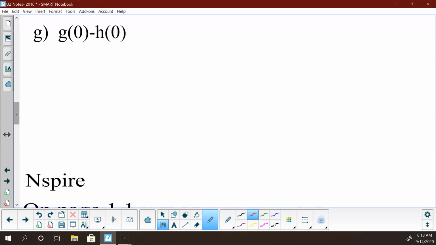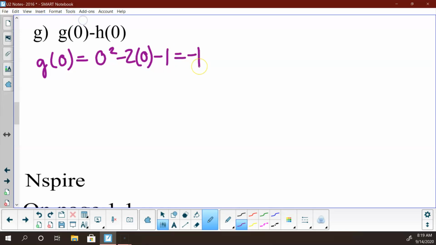Did you like writing out the equations and then plugging in the values, or did you like solving for each of them and then doing the subtraction? The second option? Yeah, I like that one better. That's just me. So g of 0 is 0 squared minus 2 times 0 minus 1, and that's just a negative 1.